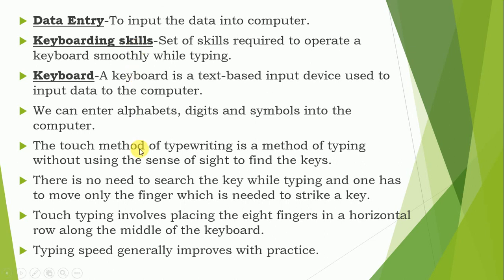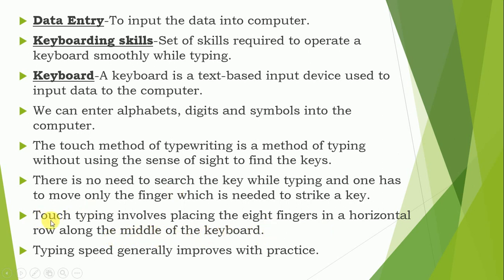When we become efficient in typing, then we need not look at the keys, because with practice you will know where each key is and your fingers will automatically move to that key. Touch typing involves placing the 8 fingers in a horizontal row along the middle of the keyboard.